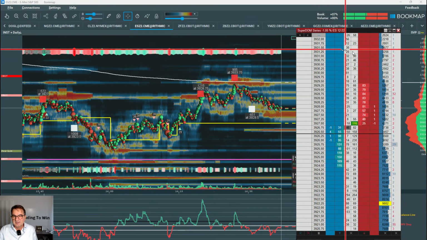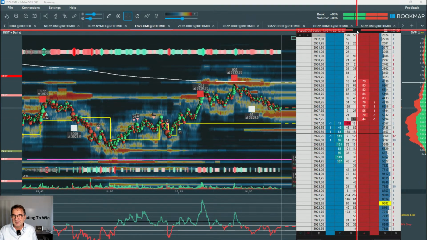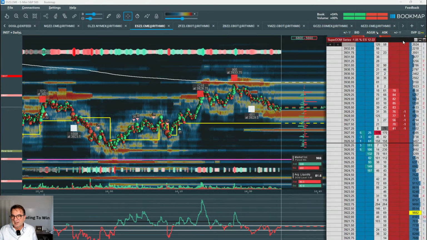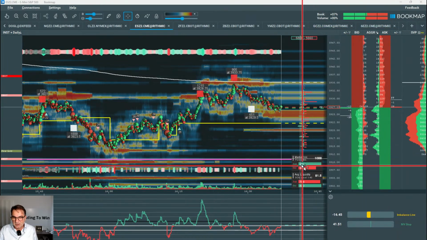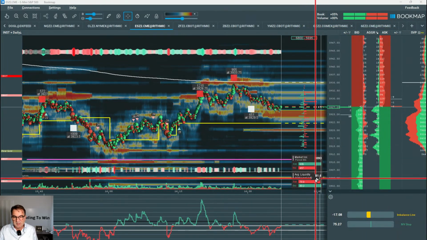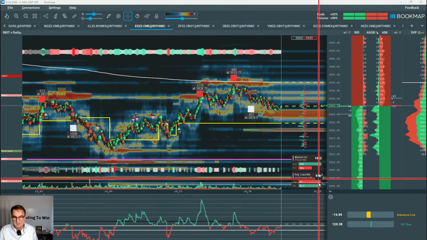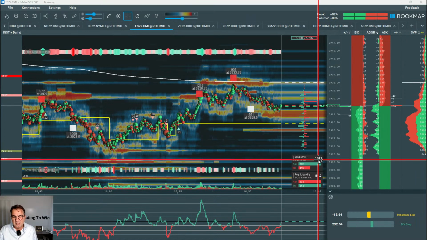The speed of the DOM is simply based on market volume and average liquidity, on market liquidity here. This is the determination, this is the formula for the speed, market speed.